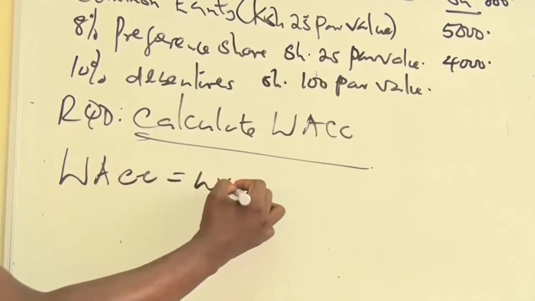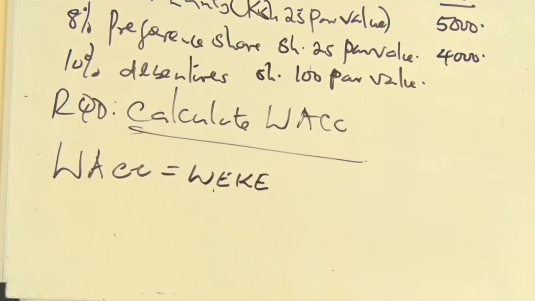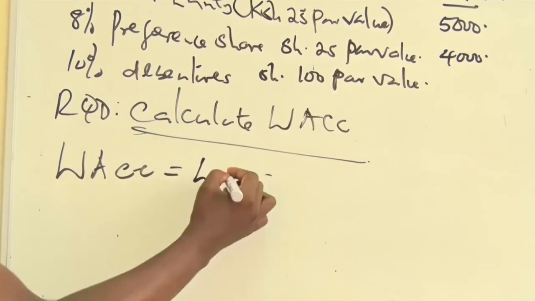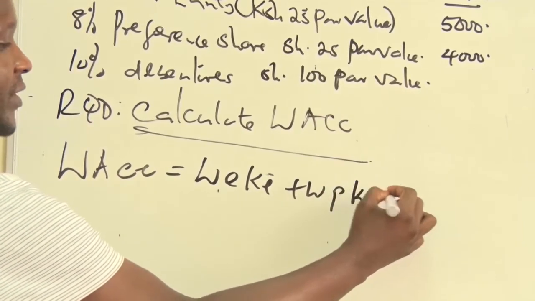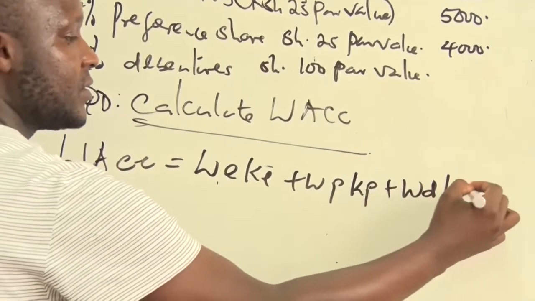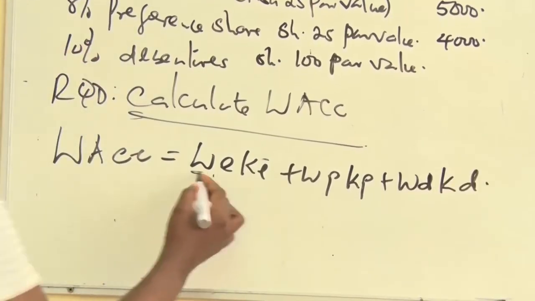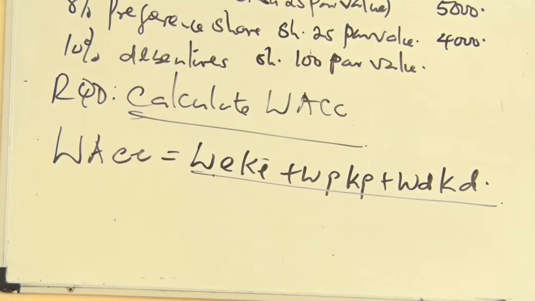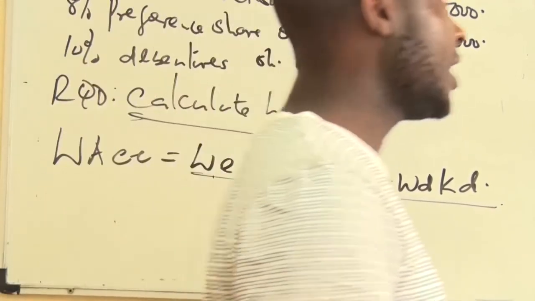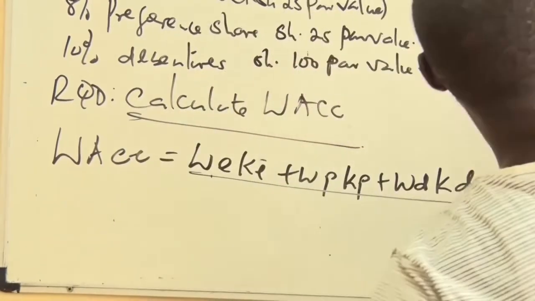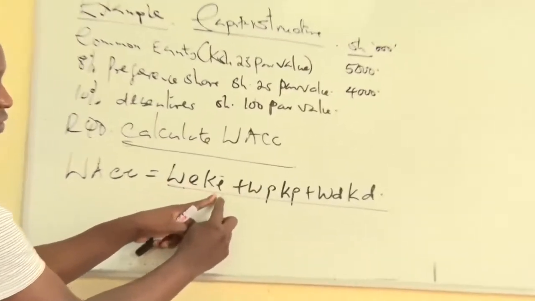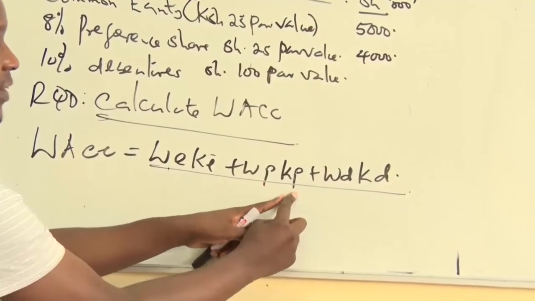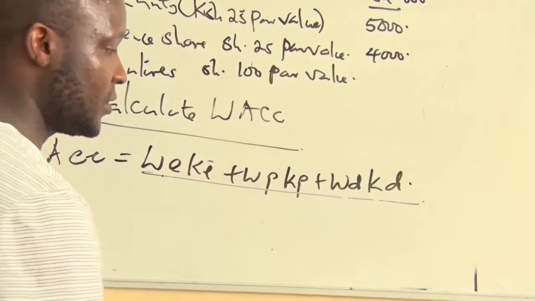WACC is equal to weight of equity times cost of equity, plus weight of preference times cost of preference, plus weight of debt times cost of debt. This is your formula, which will also earn you 1 mark, for example.